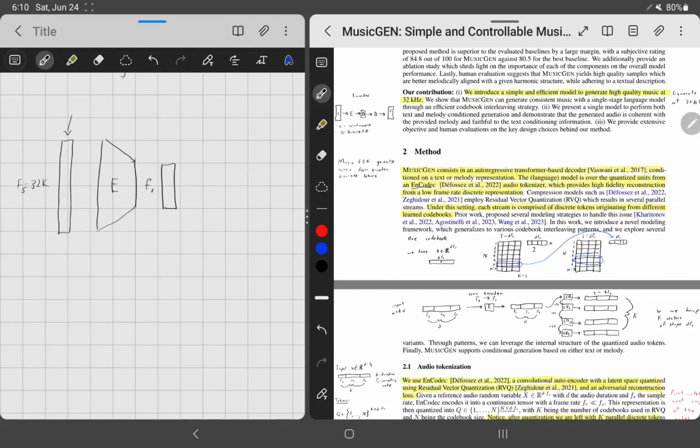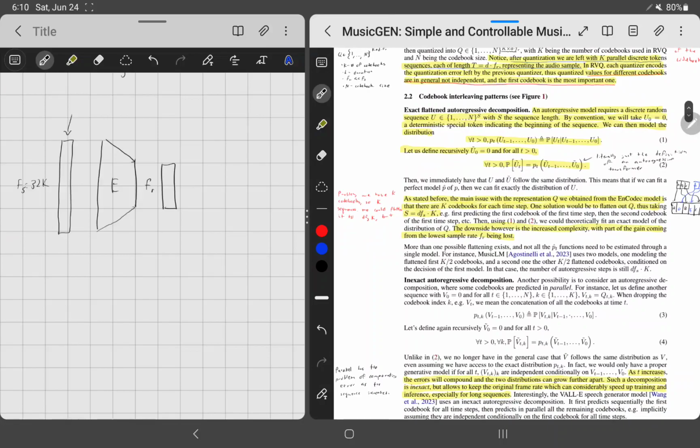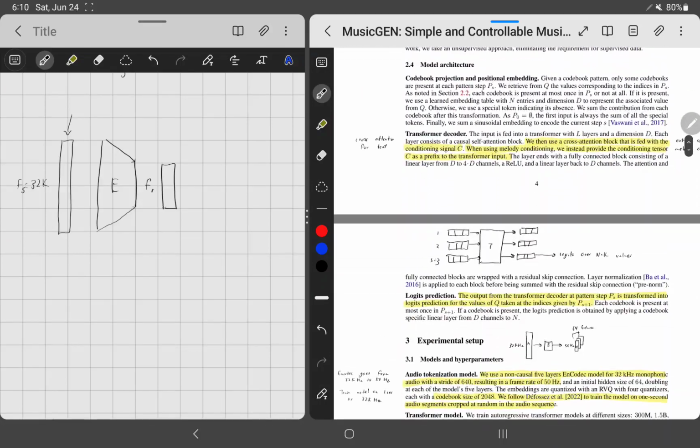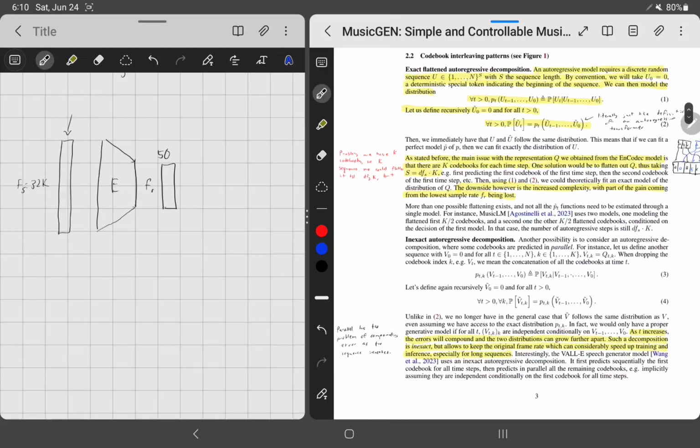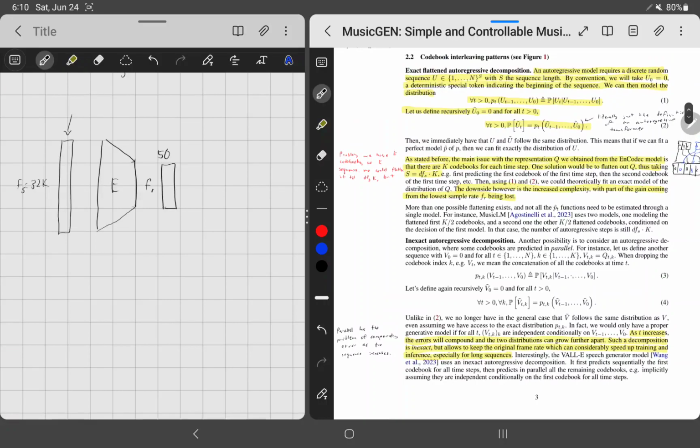Because f sub s is equal to 32,000, and f sub r is a smaller latent space, which I think is just 50 hertz. They encode this to 50 hertz. Massive compression, so 32,000 to 50.